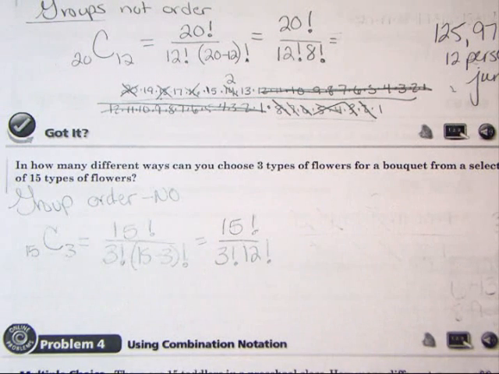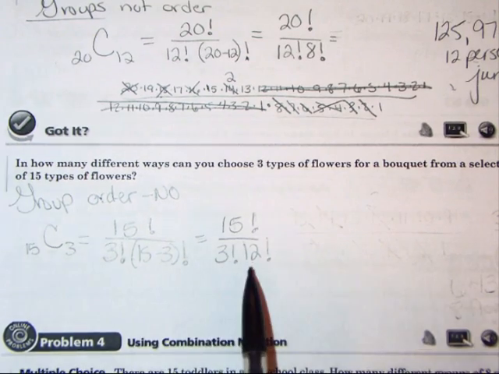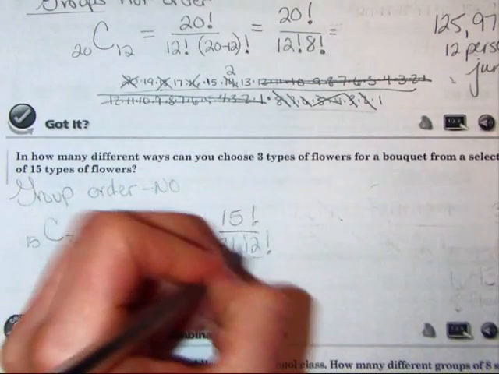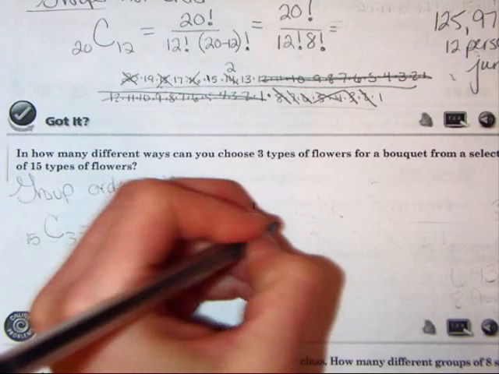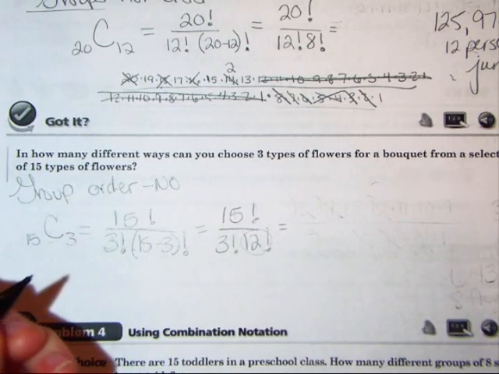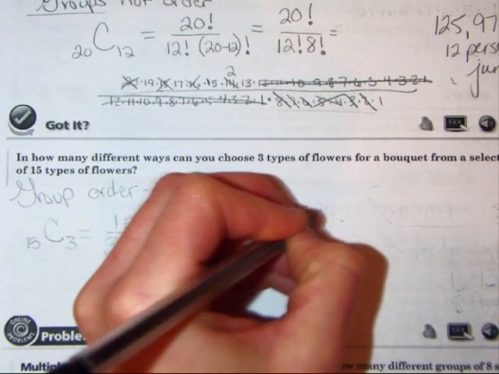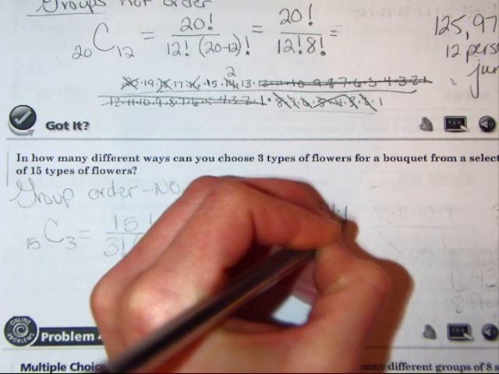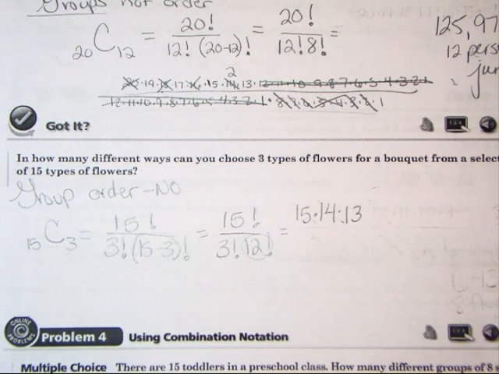Now I want to show you a shortcut here, okay? Which of the bottoms is bigger, 3 or 12? Hopefully you say 12, right? 12 is a lot bigger. So watch what I'm allowed to do on the top. I'm allowed to write 15 times 14 times 13 and stop. Why am I stopping?